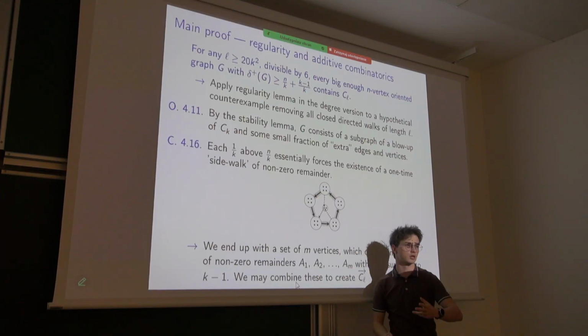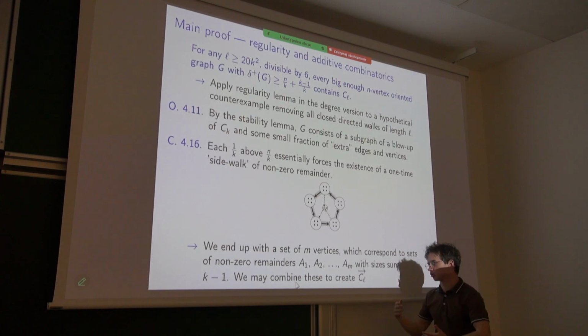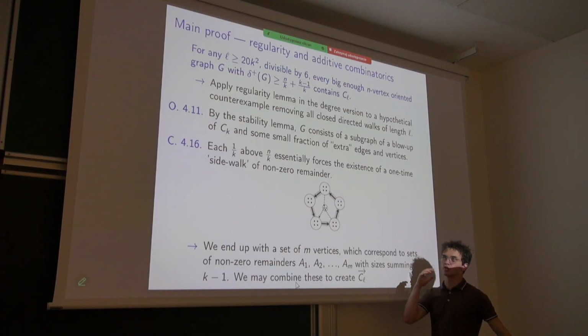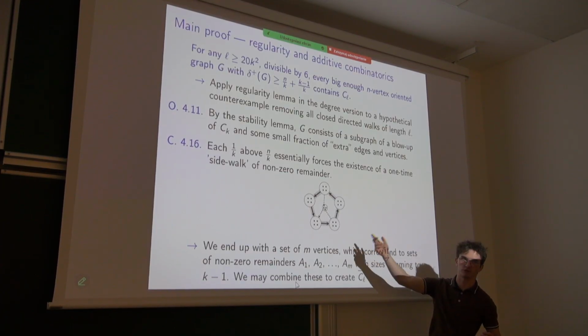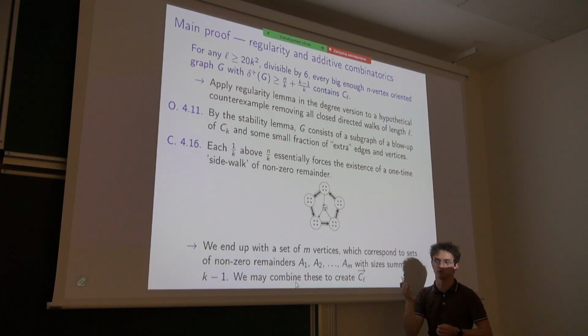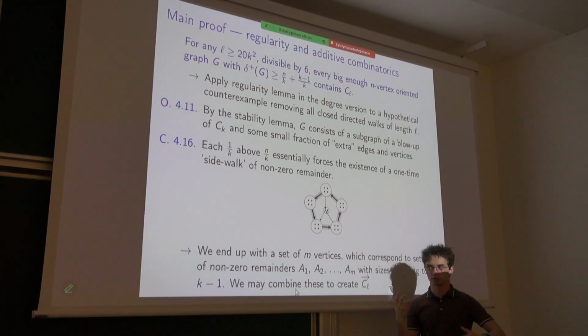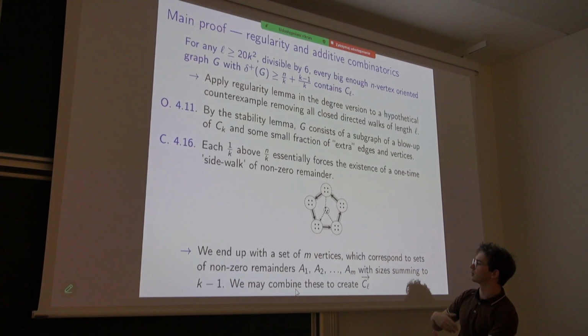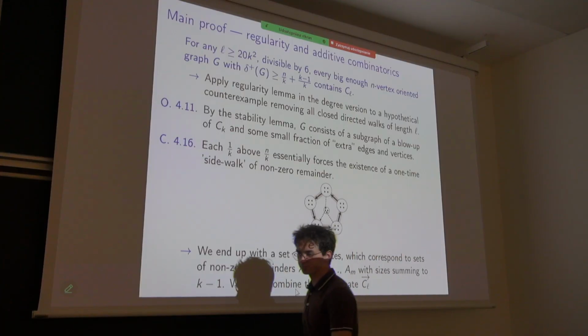We use results from additive combinatorics to show that we may combine these to create L modulo k. By combining the sidewalks and looping around a few times, of course, it includes some technical details, but you get the idea. We use these to create simply CL.